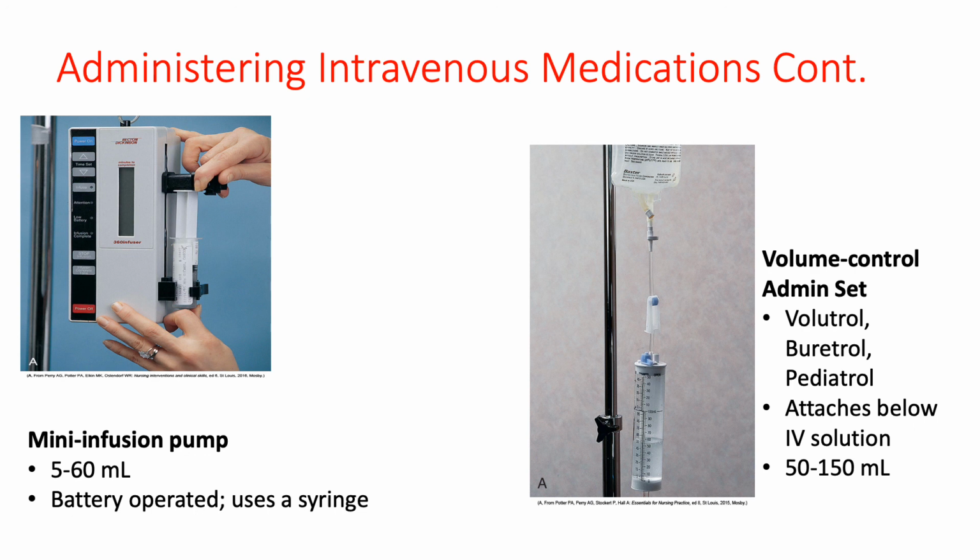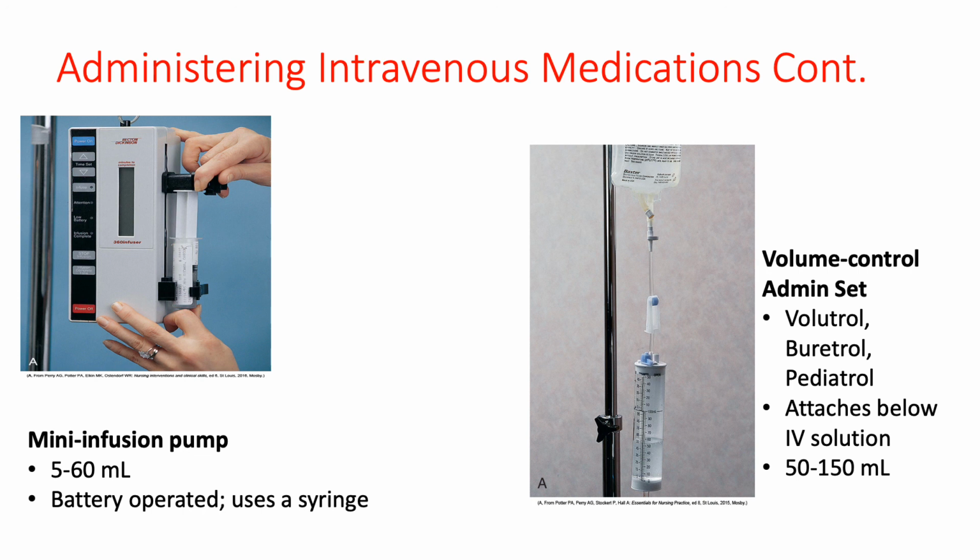And then on the far right is another illustration of the volume control administration set. Again, they can be referred to by the brand names of Volutrol, Buretrol, or Pediatrol. And you can see that this chamber attaches to the IV fluids just below the bag.